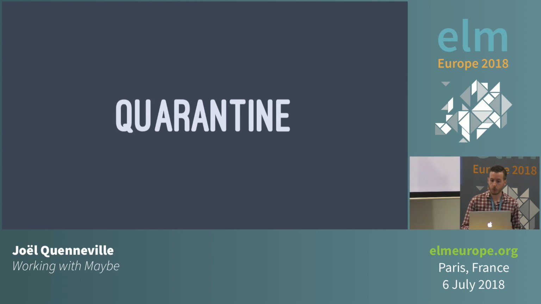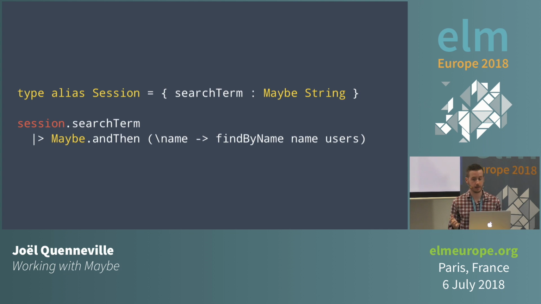And so what we want to do is to avoid that maybe that's the output of our function from spreading. We're going to try to quarantine it. And so anytime we combine with other functions, we're probably going to need to use the maybe and then. Maybe and then is made exactly for this scenario when you say it's a function whose arguments are always guaranteed present, but the return value is a maybe. Pretty much any time you invoke guideline 2, you're going to need to use the and then function when you want to chain.